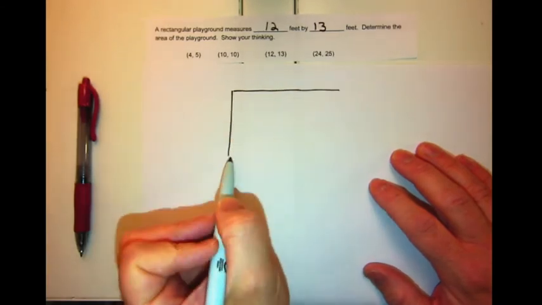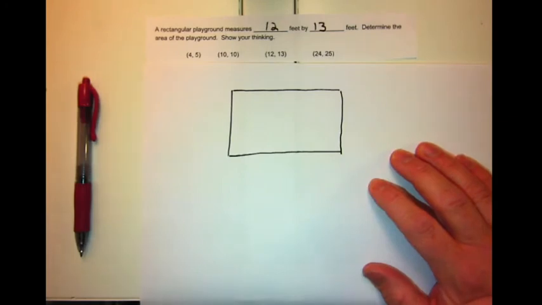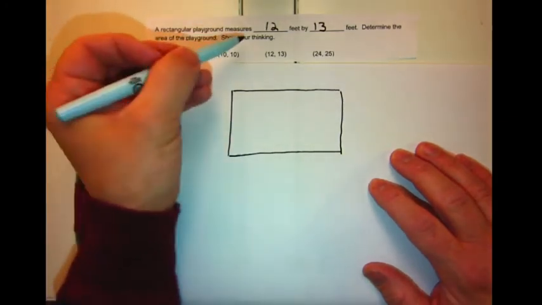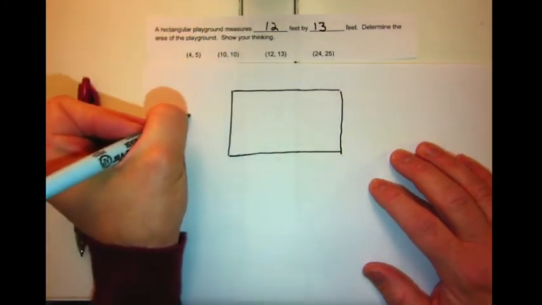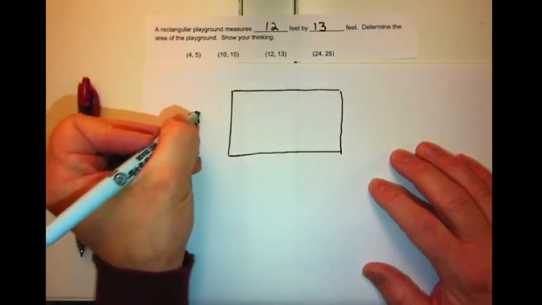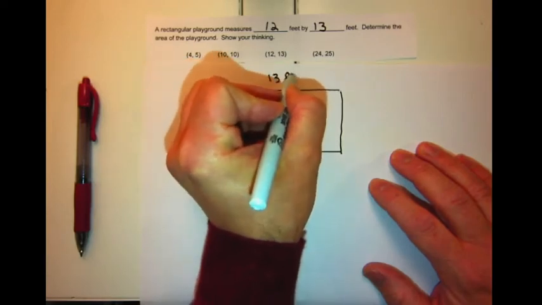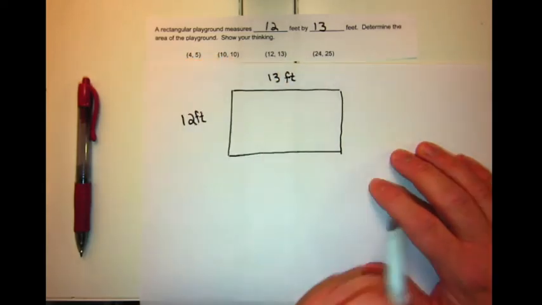And so the next step of this sequence would be to just construct an open rectangle. Because I know I have a rectangular playground. On one side it measures 12 feet, and the other side is 13 feet. What is the whole area?